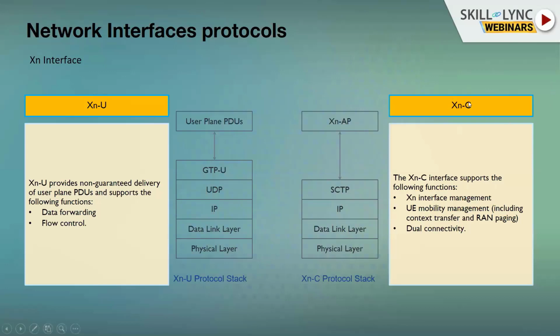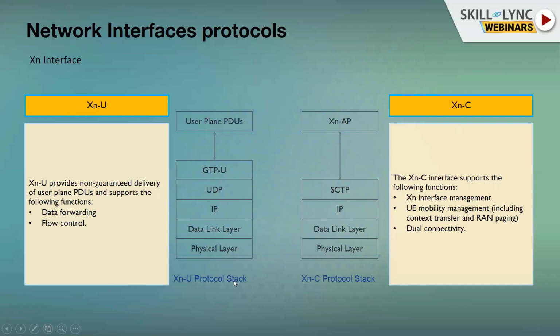We have here the Xn-C or the Xn control plane interface. It is defined between two NG-RAN nodes. The transport network layer is built on SCTP on top of IP, as mentioned here.